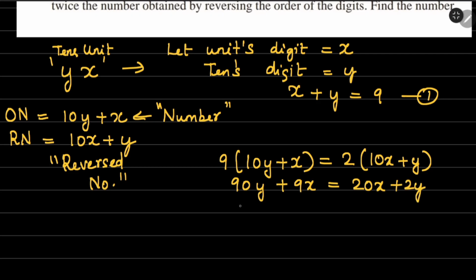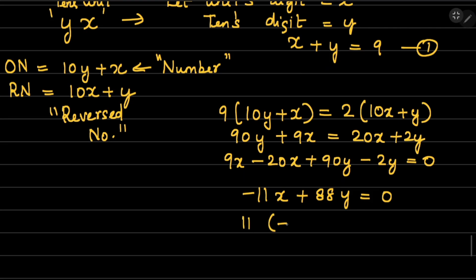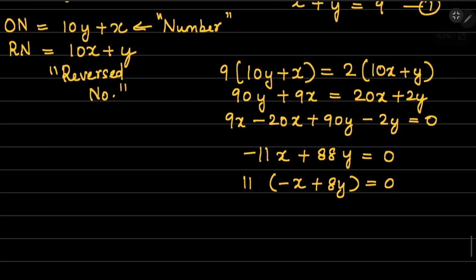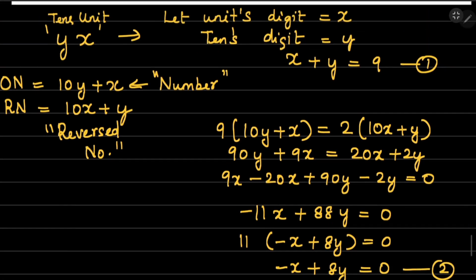Rearrange the terms. So what you get here is 9x minus 20x plus 90y minus 2y equal to 0. What is 9 minus 20? It's minus 11x plus 88y equal to 0. Take 11 common out. So what do you get? Minus x plus 8y is equal to 0. So this is your equation number 2.